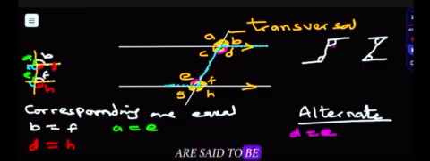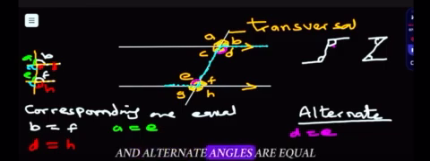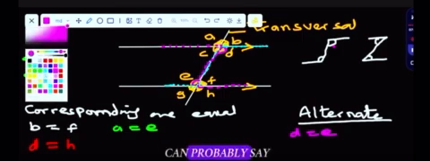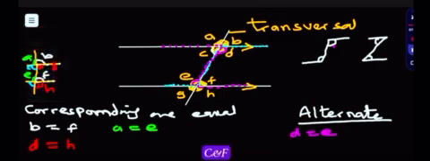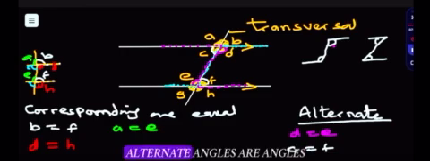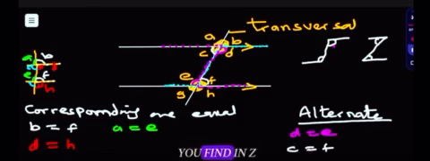They are said to be alternate angles, and alternate angles are equal. If I don't want to use this, I can use another one, which is this and this. So with this, I can boldly say C and F. C is equal to F. Why? They are alternate, and alternate angles are equal. Alternate angles are angles you find in the letter Z shape.